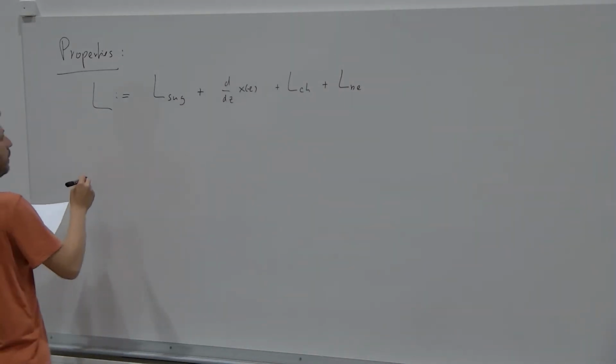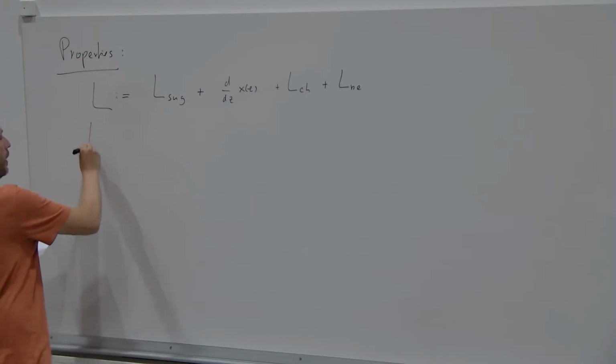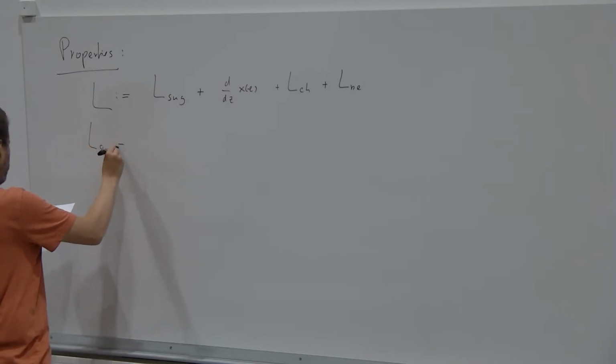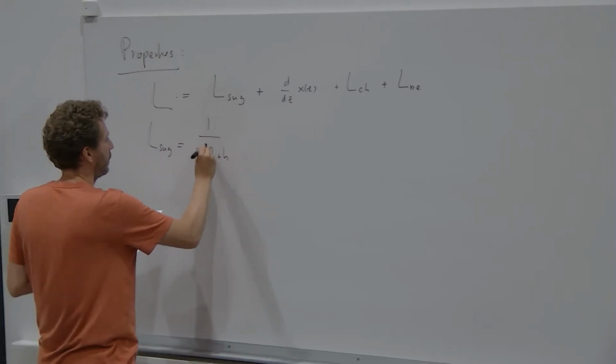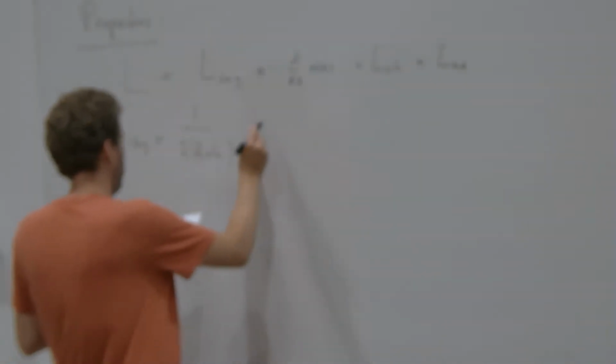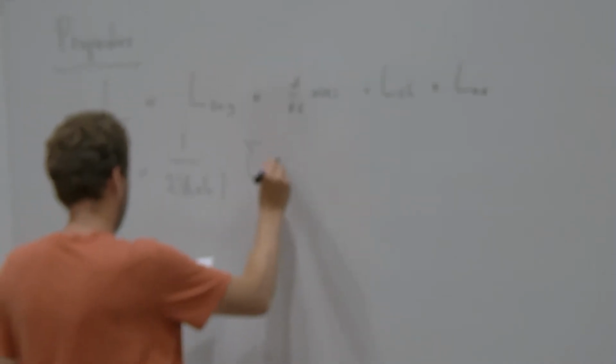And L Sugawara is the Sugawara vector that I had at some point. It's the field associated to the Casimir element of the Lie algebra.